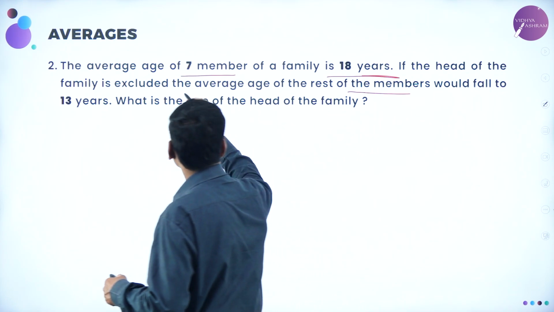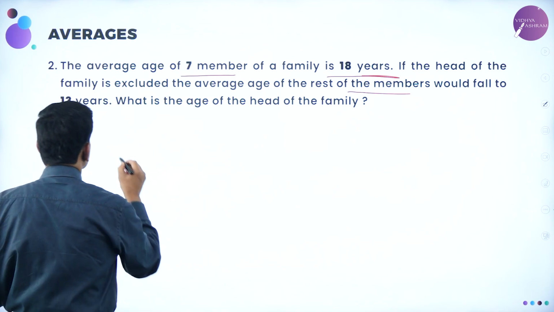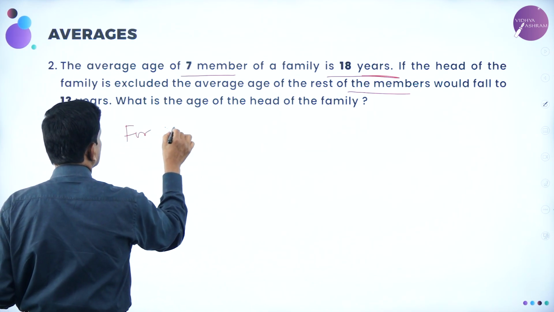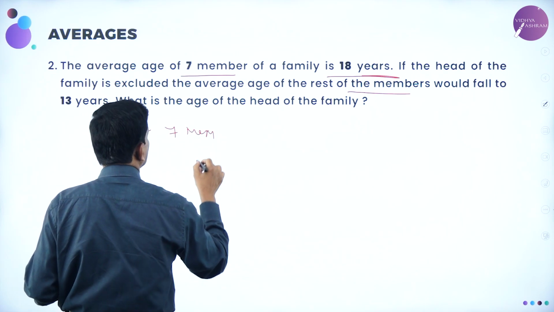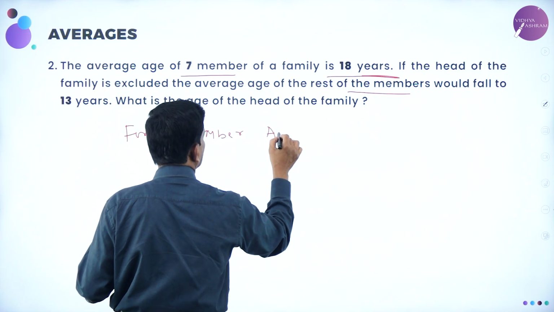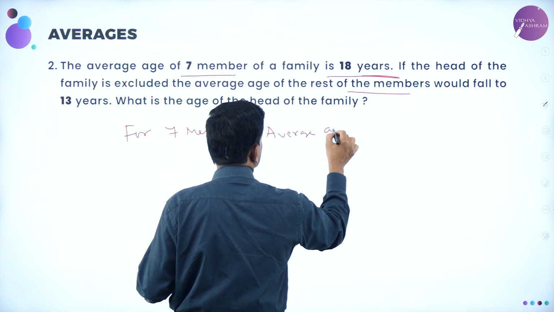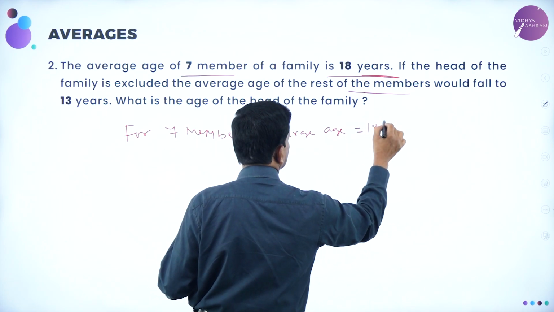Now, the average age of 7 members of the family is 18 years. So, for 7 members of the family, the average age is equal to 18 years.